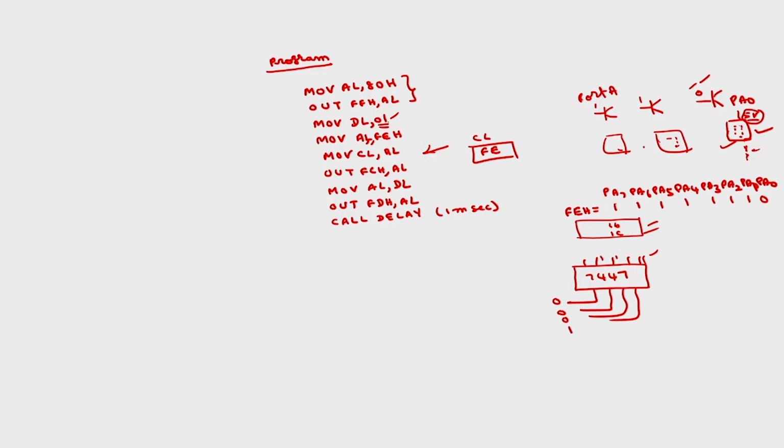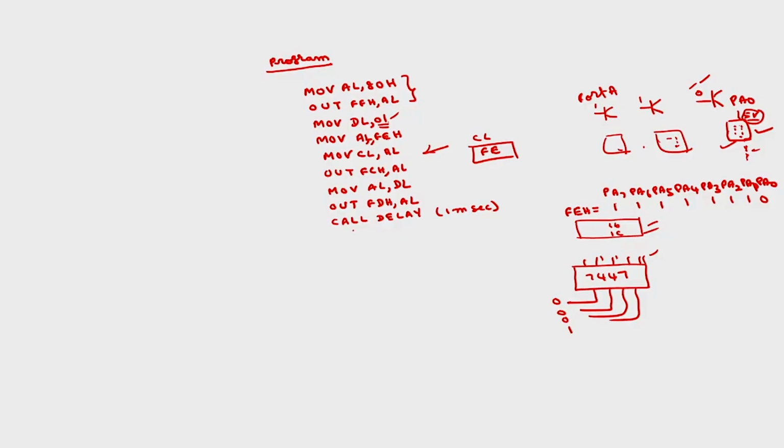Before you send the second digit to the second display, that is 2 to the second display, you make sure that all the displays are off. So I am going to turn off all the displays. How to turn off all the displays? You do MOV AL comma FF, OUT port A FCH. With these 2 instructions, all the displays will be disabled.